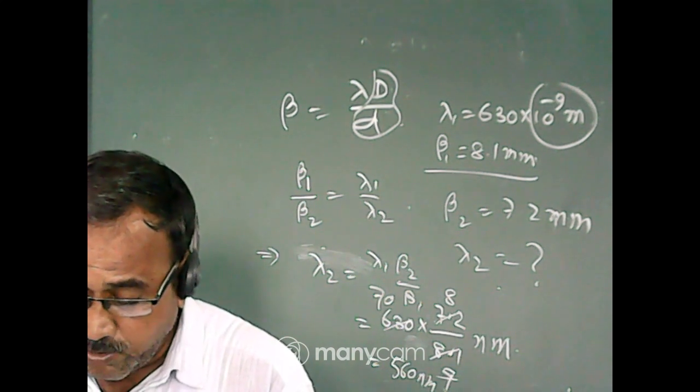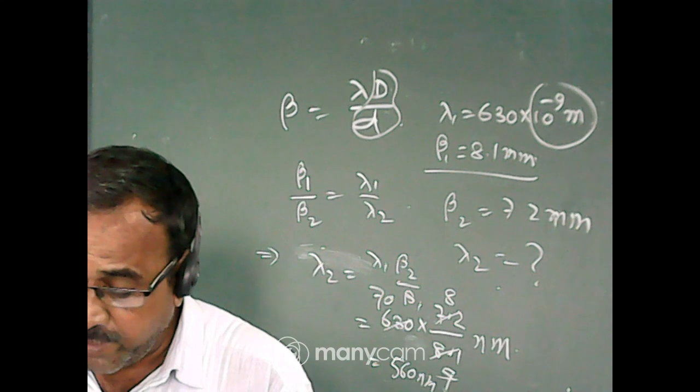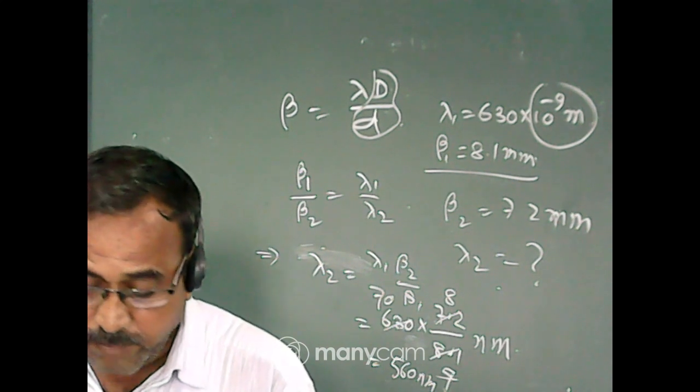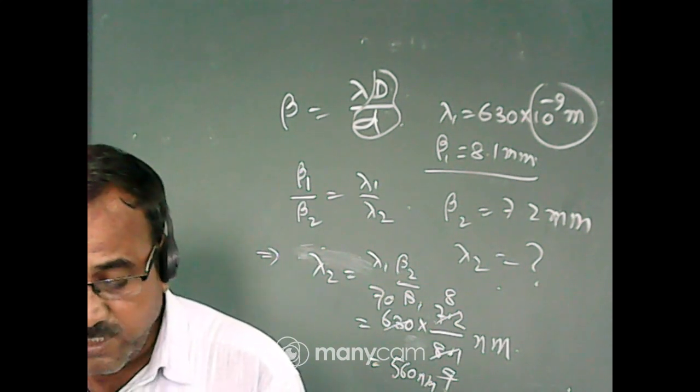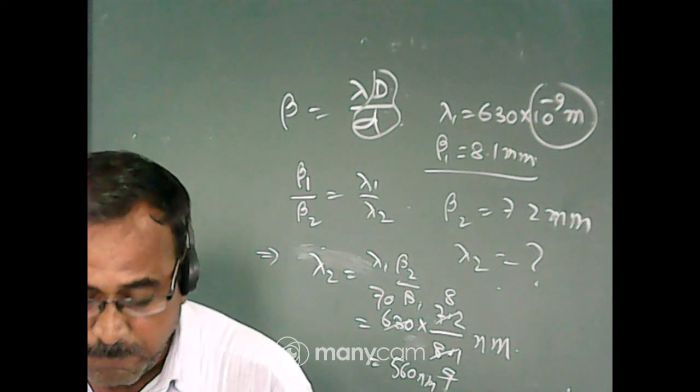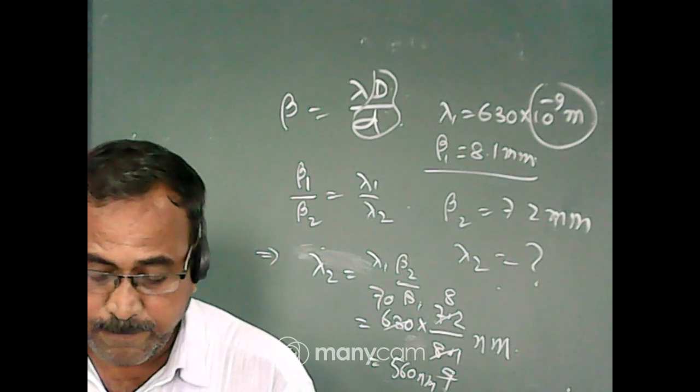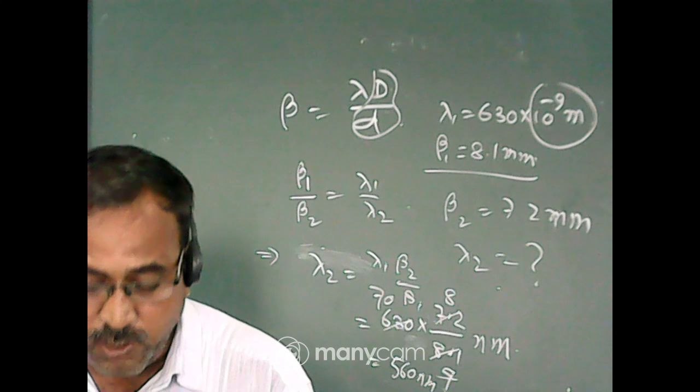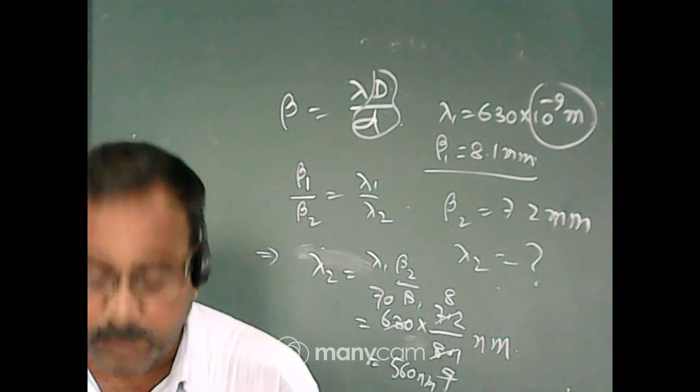One numerical you also try at your home. This type of numerical. One is this. What is the ratio of the slit width if the amplitude of the light waves from them have a ratio of under root of 2:1?